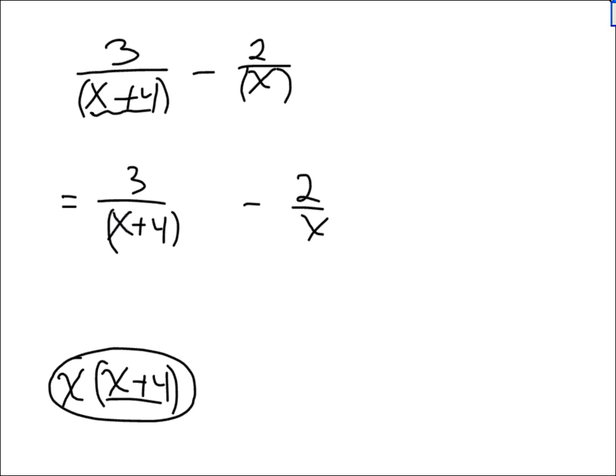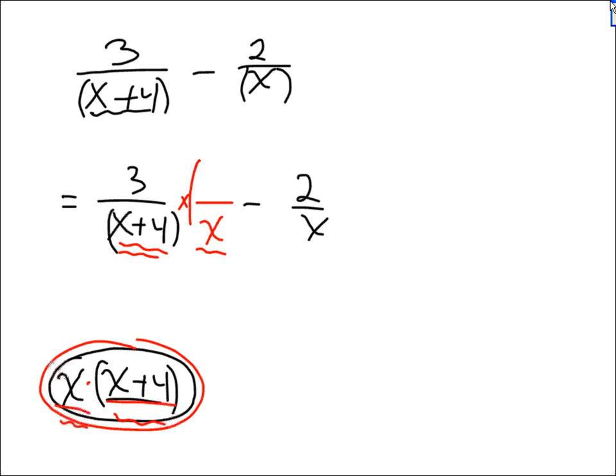You want to take 3 over x plus 4 and multiply it by 1. And when you multiply it, you want to get this denominator. Well, I already have x plus 4. If I multiply it by x, I'll have my denominator. X plus 4 times x is the same as x times x plus 4.